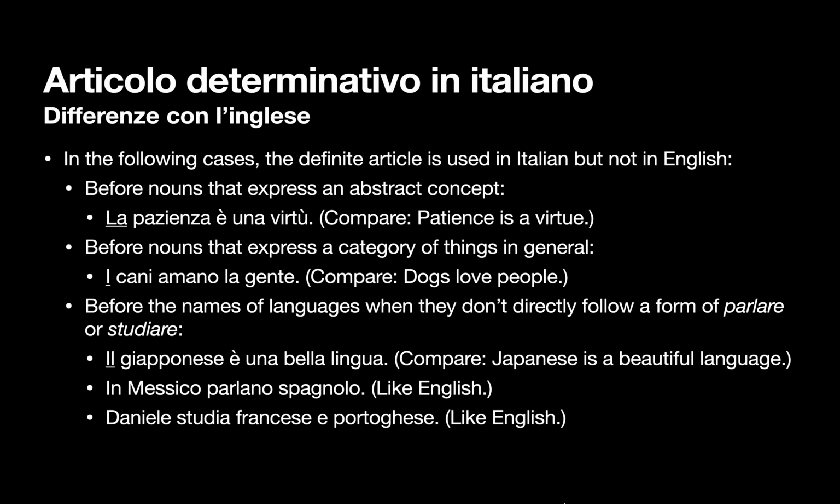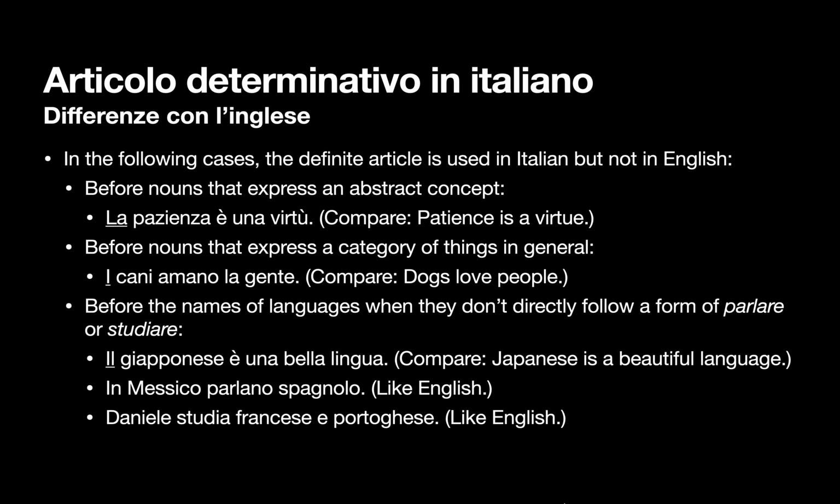Italian also uses the definite article before the names of languages. There is an exception to this, which is when the language comes directly after parlare or studiare. So it's okay to say in Messico parlano spagnolo and leave out the article there. That's like in English. Daniele studia francese e portoghese is like English as well.